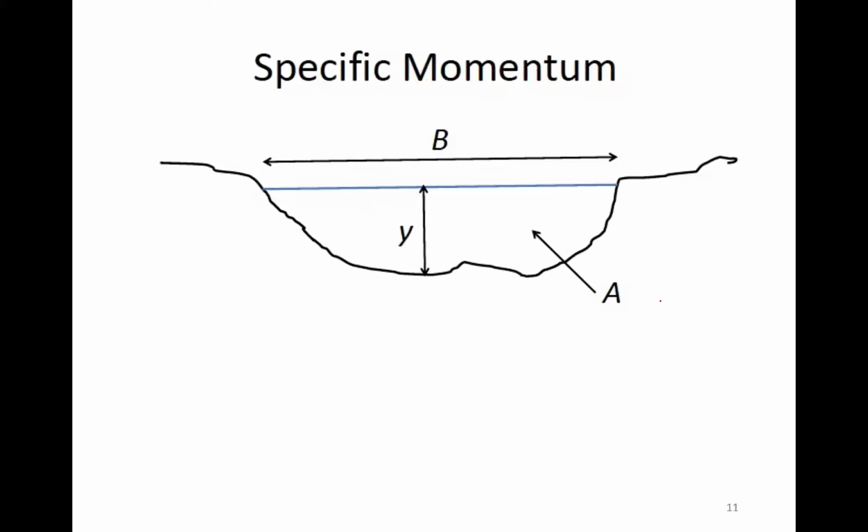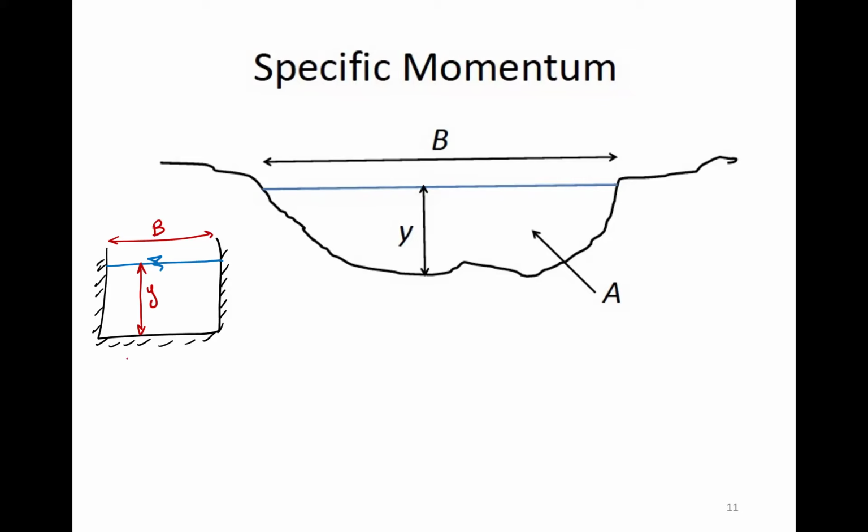How about specific momentum? Very quickly, for specific momentum for rectangular channels, I'm going to sketch one here. If you have a rectangular channel, and the water level is here, and depth is this much, y, and width of the channel is b.